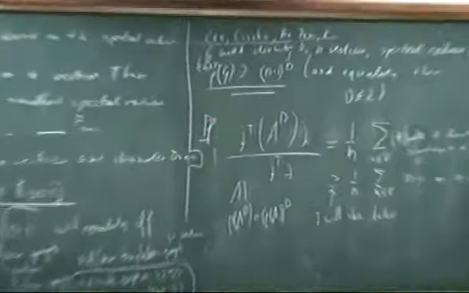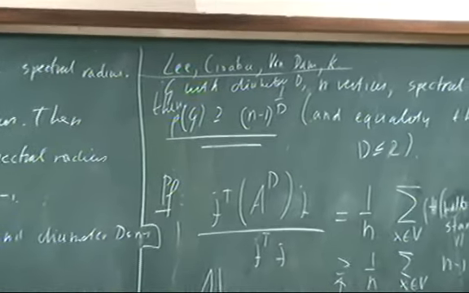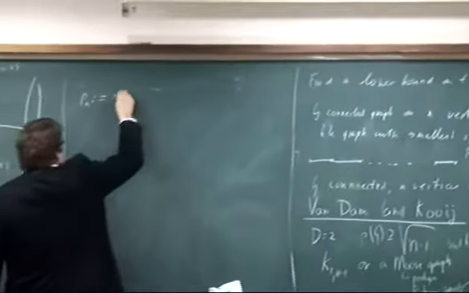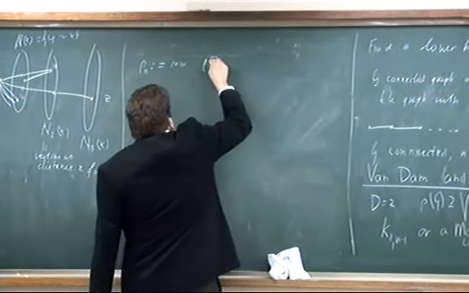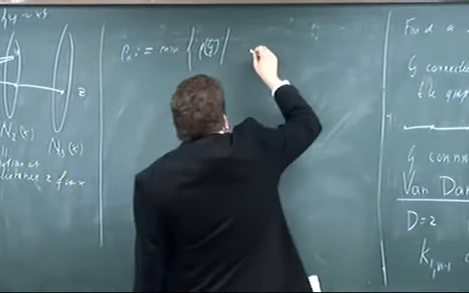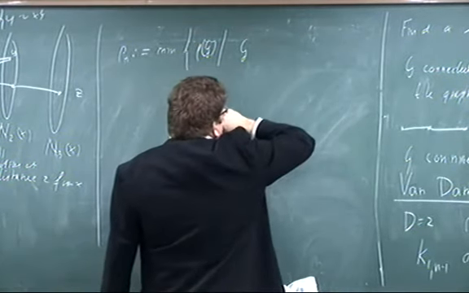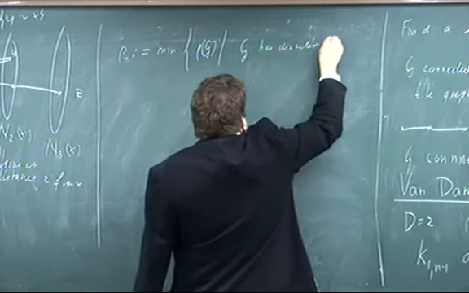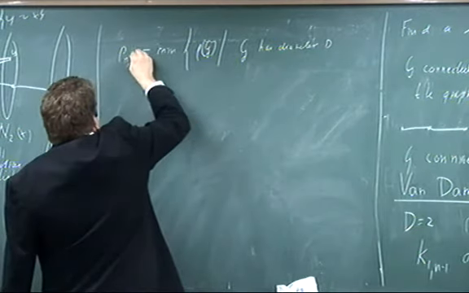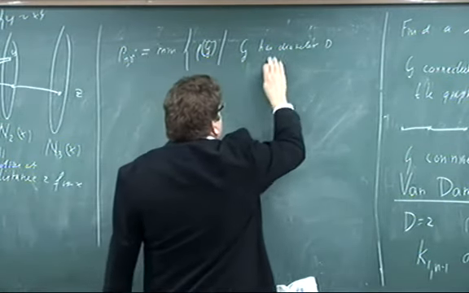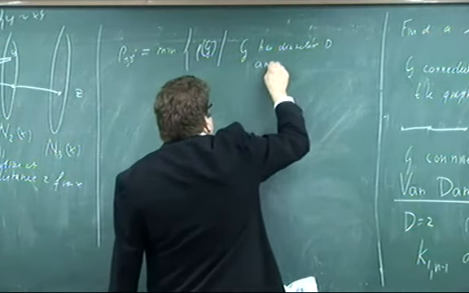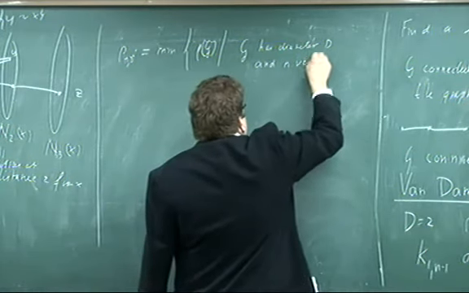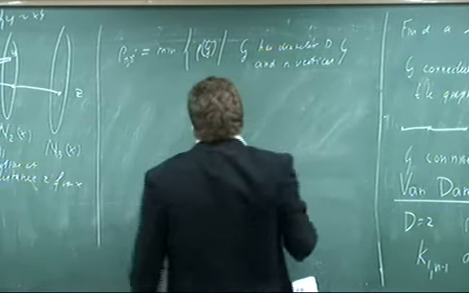What you can look at is, what shall we call rho n, d, is the minimum of rho of C, where C has diameter d and n vertices.